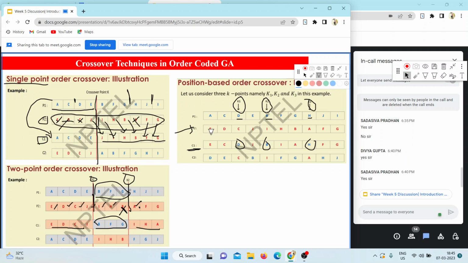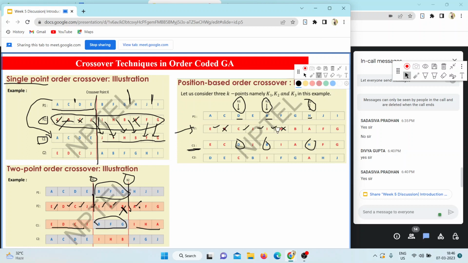So here we are copying E, here we are not copying D, because D we have already done, so we are cutting this D. C we can keep, J we can keep, I we can keep, this H is not, because H we have already copied from P1, so we cannot keep.